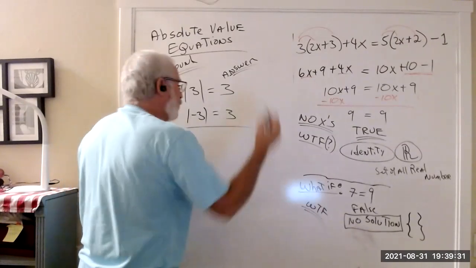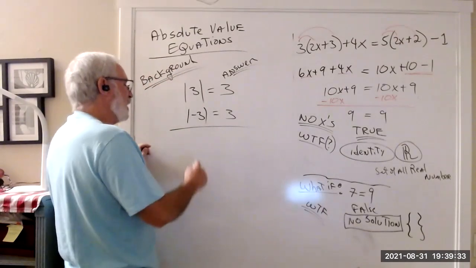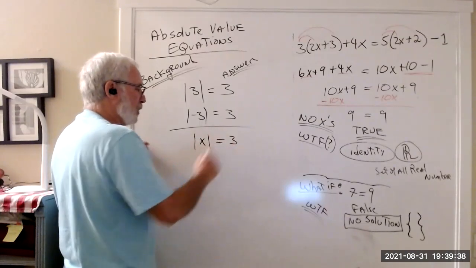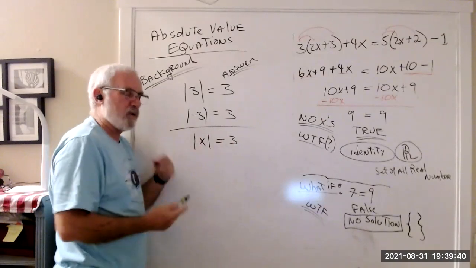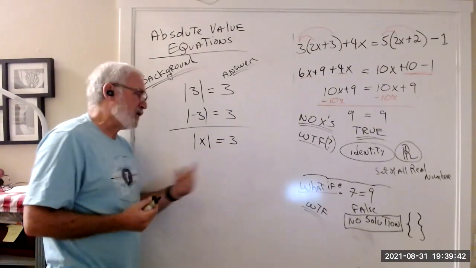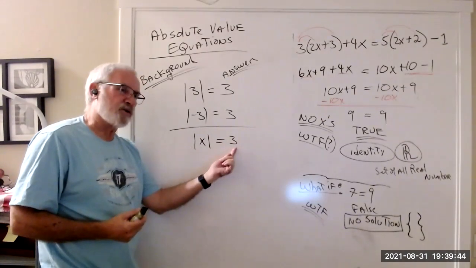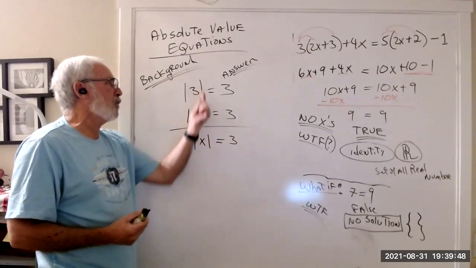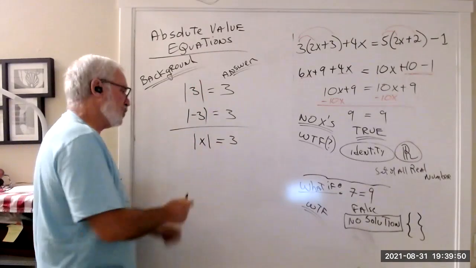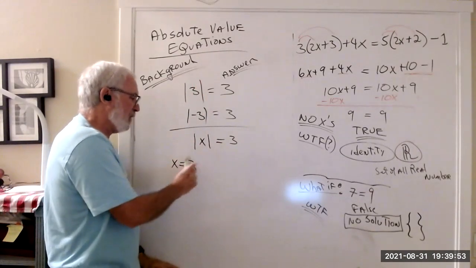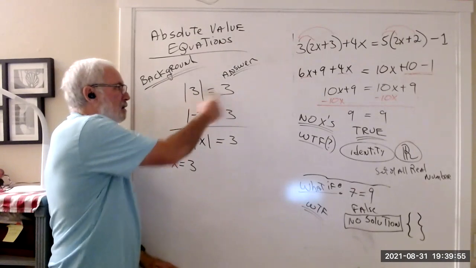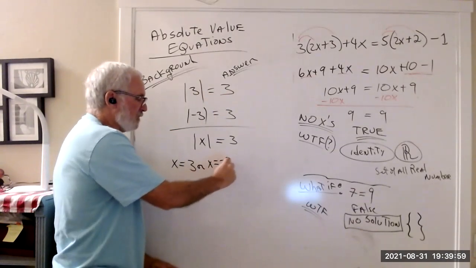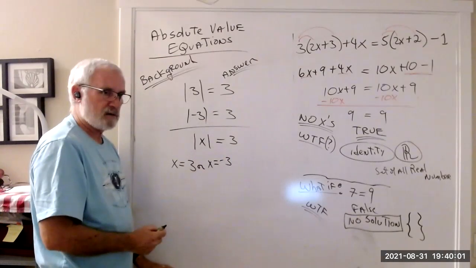Well, what if we tried algebra? What if I said the absolute value of something is equal to 3? What if we worked backwards? What if I told you the answer was 3? Then, based upon our work up here, couldn't you tell me that x might have been 3, because the absolute value of 3 is 3, or x might have been negative 3?